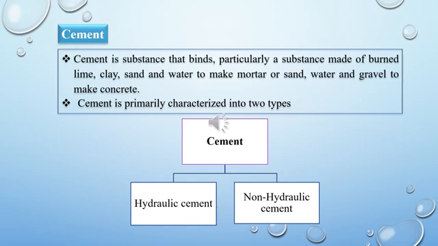This is the definition of cement. Then we have discussed there are two types of cement. First one is hydraulic cement and then non-hydraulic cement. Hydraulic cement is that cement which is hardened in the presence of water, and then there is non-hydraulic cement, the cement which does not harden in the presence of water.